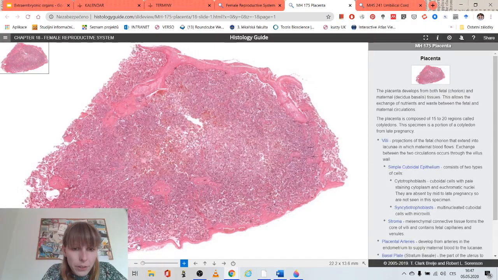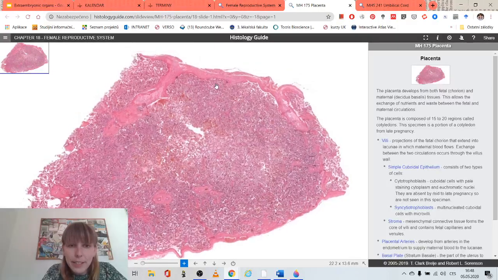And on the other side you have something similar, sort of like a solid tissue, not just the villi. And all of this will be the villi of the chorion and the intervillous space.